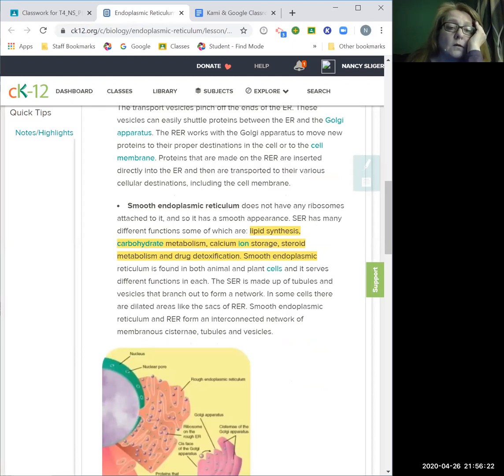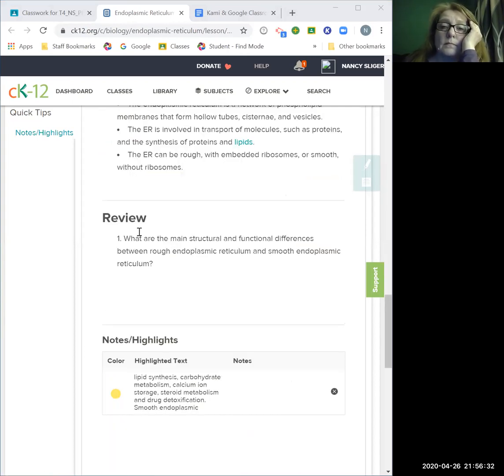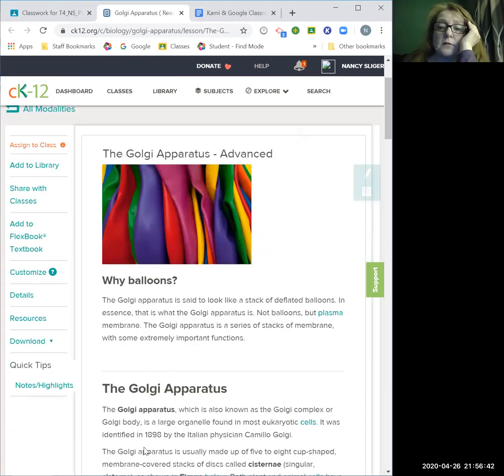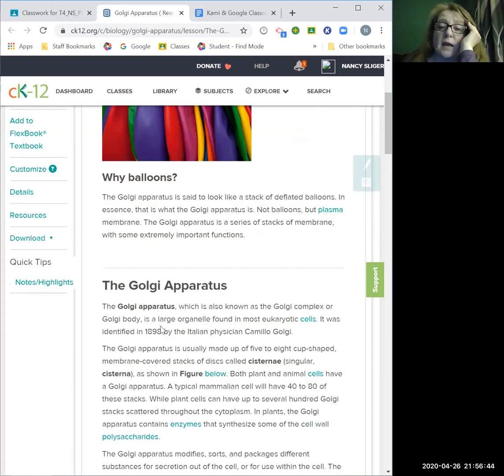Okay. Golgi apparatus is basically the packaging center for the cells. And it does look like a stack of balloons or a stack of sacks.